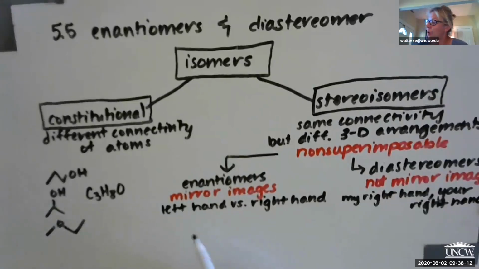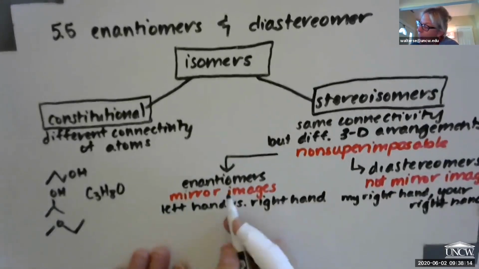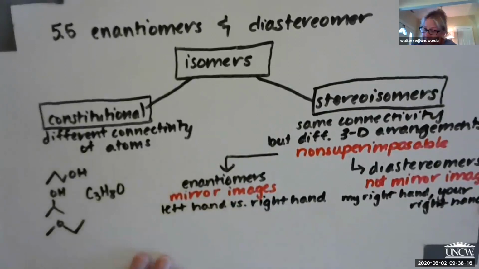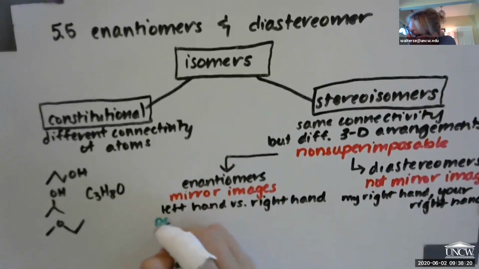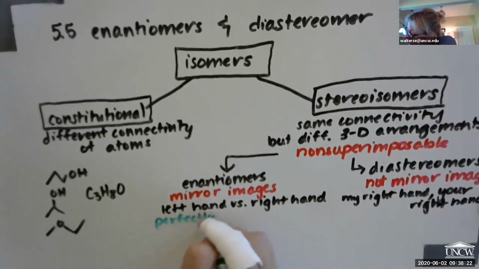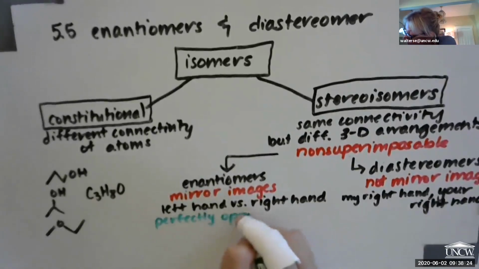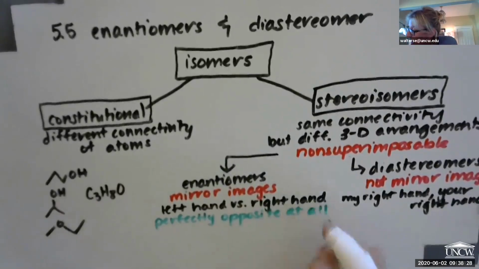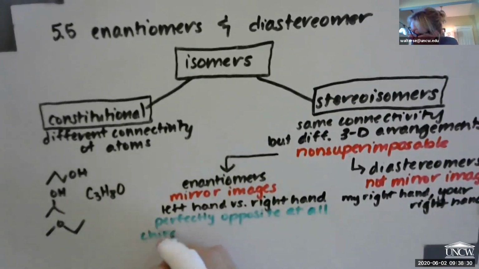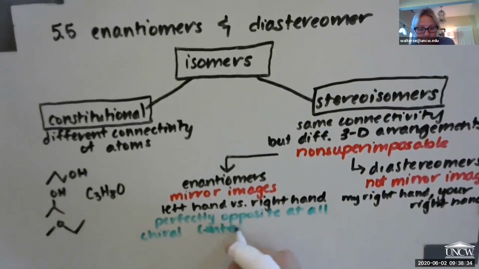All right, so enantiomers, they have to be perfectly opposite at all chiral centers. Okay.